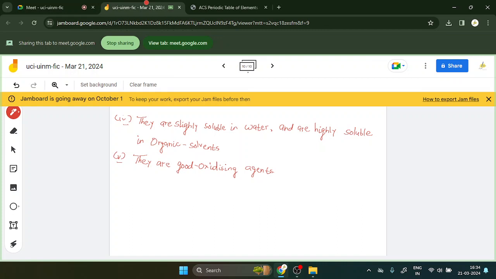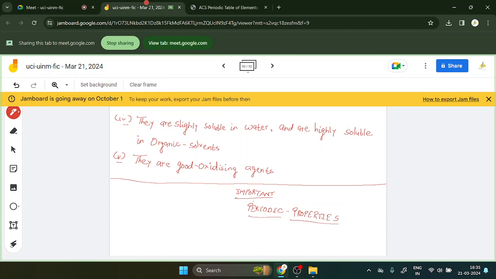Now since we have discussed this, we will be discussing the important periodic properties. So what are those important periodic properties?